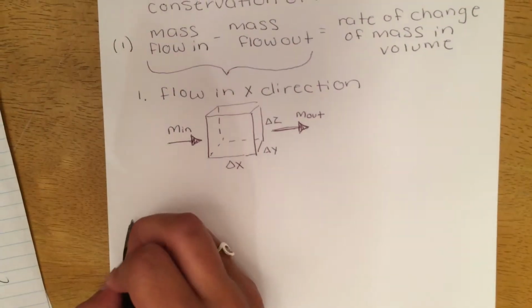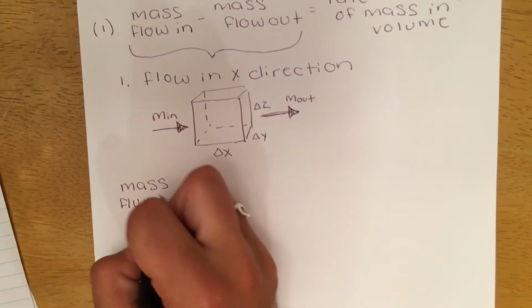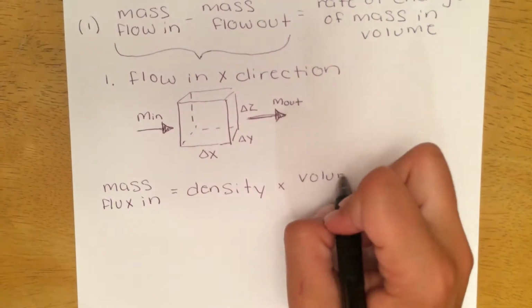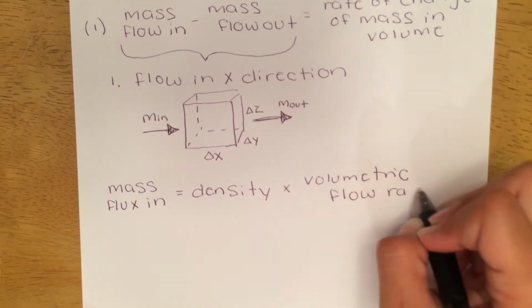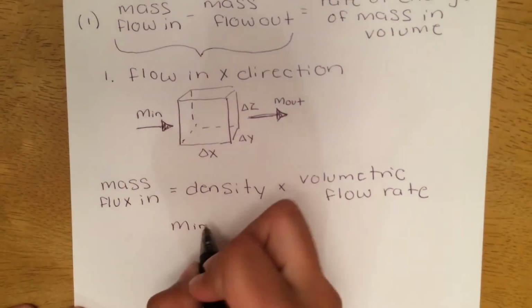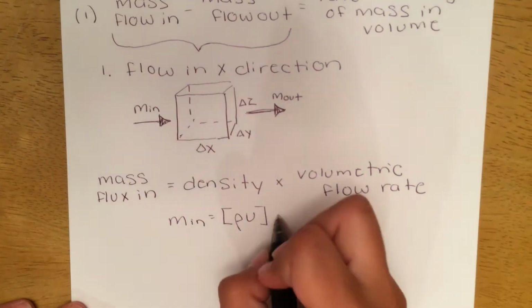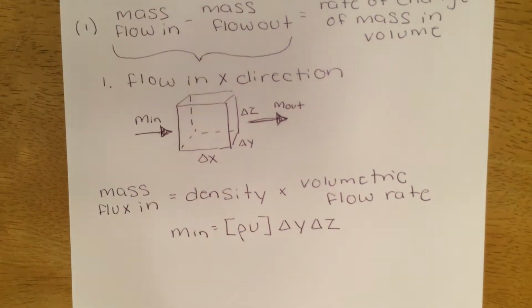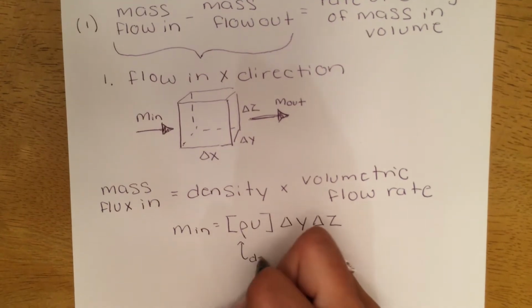To determine m in, we need to know how much mass is coming through the yz plane of the cube. So we can define our m in as the density times the volumetric flow rate. This is equivalent to density times the flow velocity times the area that the velocity is flowing through, the yz plane in this case.